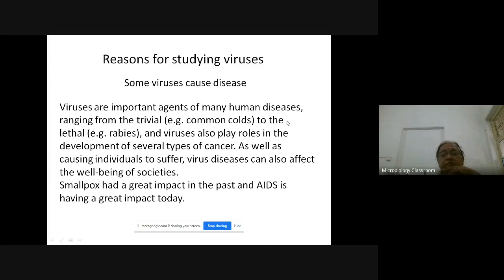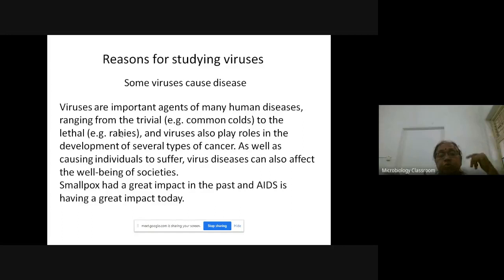Of course, we have certain antidotes for rabies, or rabies vaccines also. But if not treated, this may be lethal, or if proper doses are not given in case of rabies dog bites.